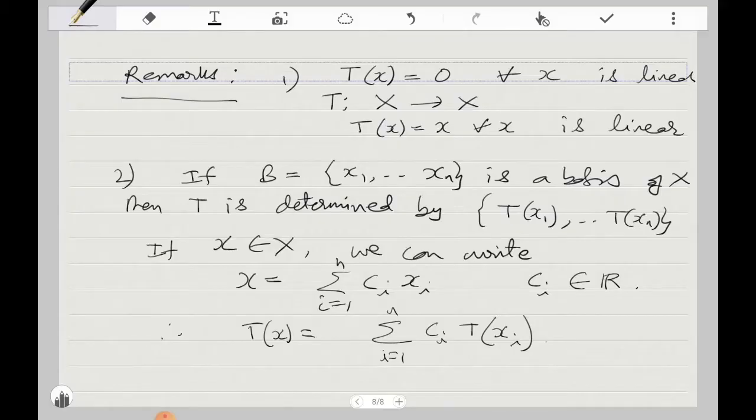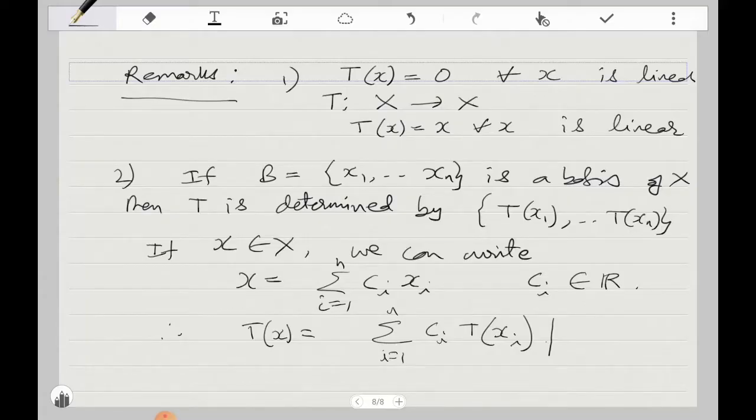then in fact we are given a set of vectors y1 up to yn in capital Y, and we can use this prescription here to define a linear transformation by this formula.